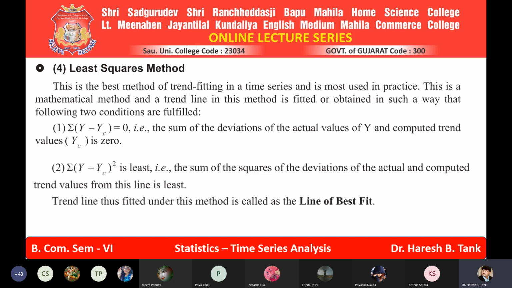Can anyone give any example of a linear equation? Yes, Vijayata.